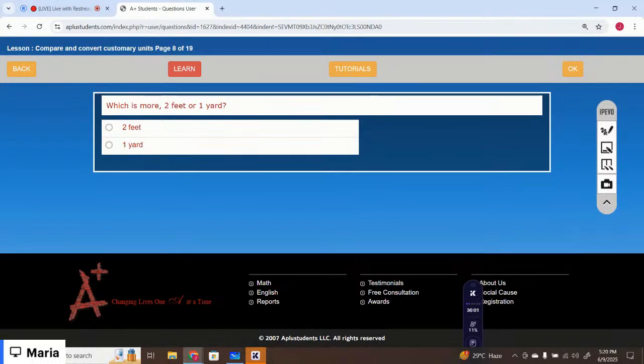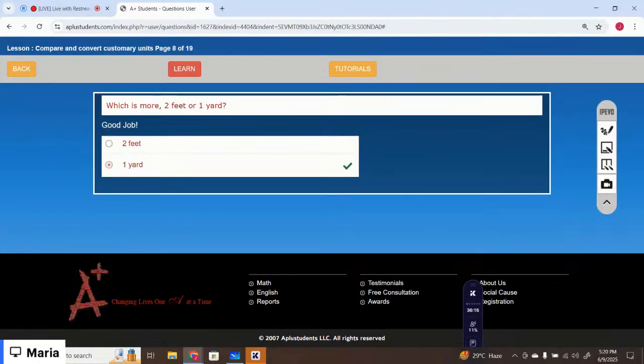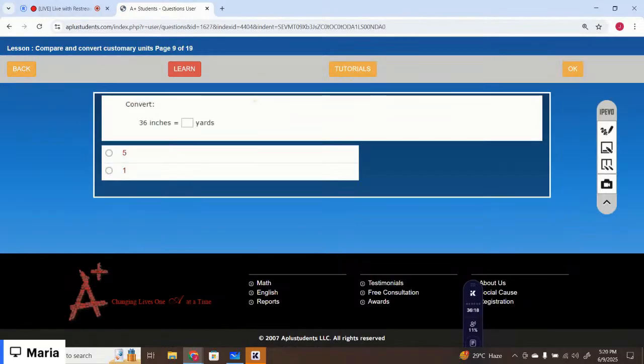Which is more, 2 feet or 1 yard? One yard is more than 2 feet. Option number two is the correct option. Okay, you can complete the lesson by yourself later today. Let me just move to the next step.